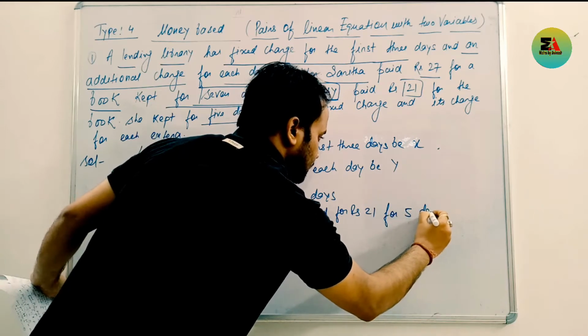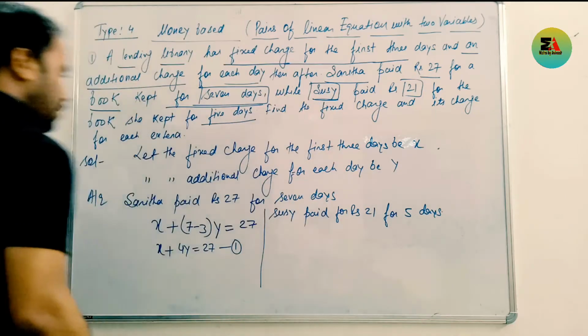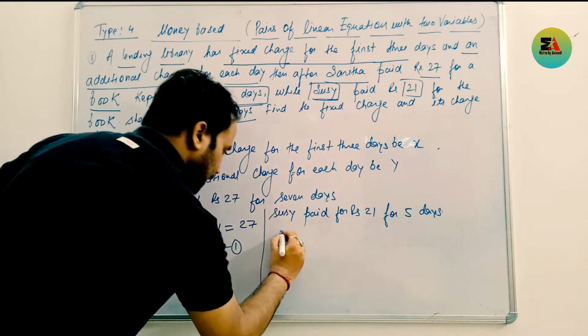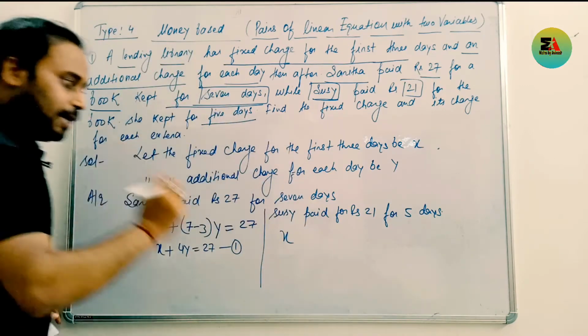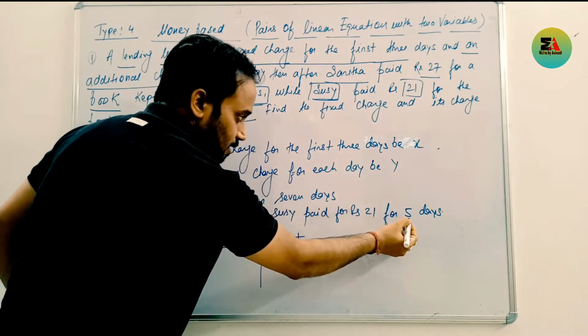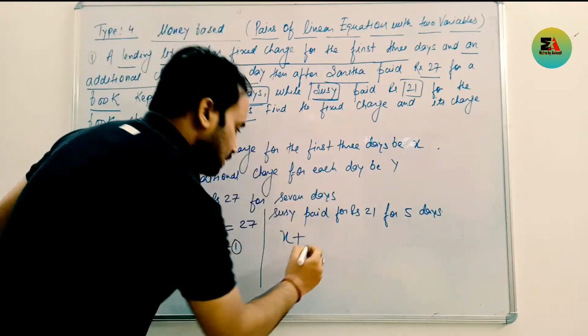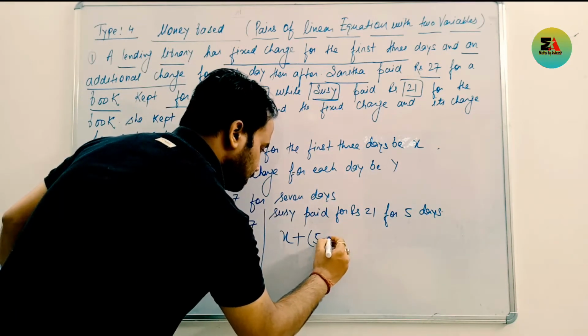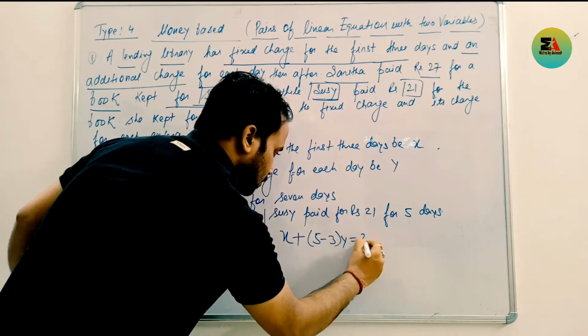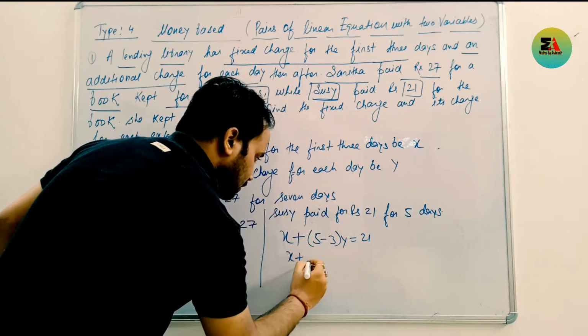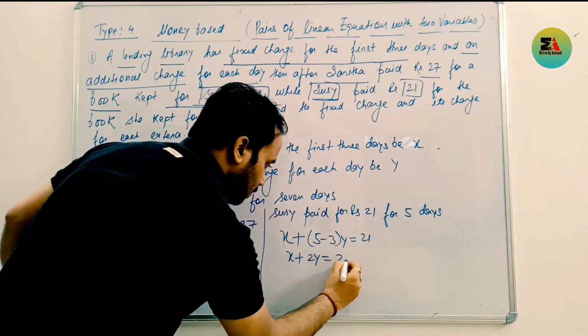For 5 days. In a similar way, the fixed charge will be X for 3 days, and in the remaining, 3 days are covered and the next 2 days are extra charges. What do we write here? 5 minus 3, Y, equals 21, so X plus 2Y equals 21.